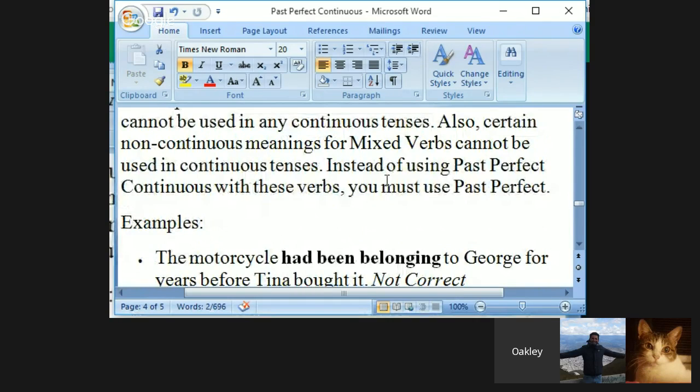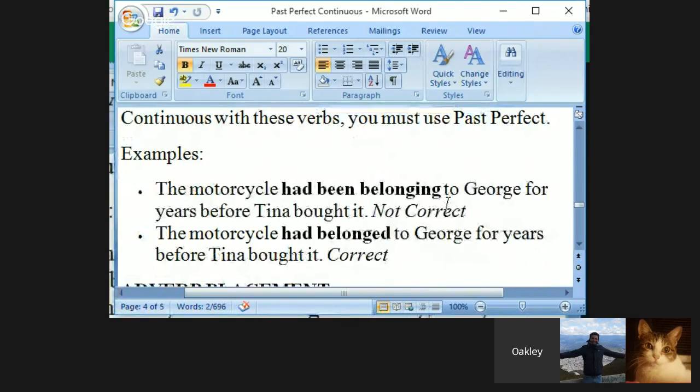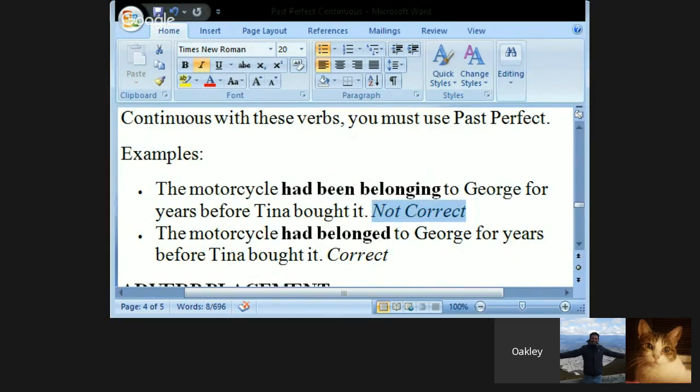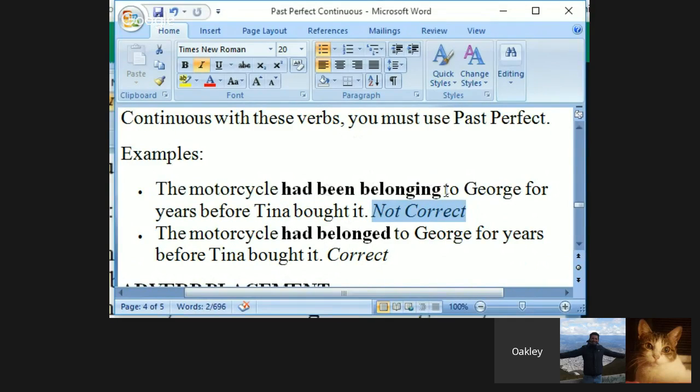What happens is you revert back to the next simpler form. So in the case of past perfect and past perfect continuous, for example, the motorcycle had been belonging to George for years before Tina bought it. We just can't do that because to belong, ownership, is a stative verb.